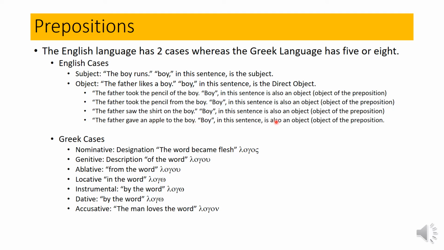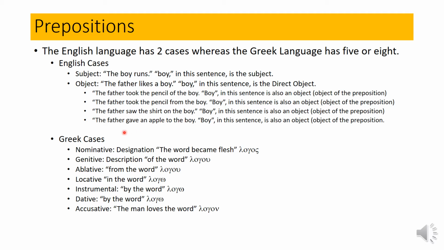Boy in this sense is also an object. It's the object of the preposition, boy. Again, English will recognize boy in each of these cases as an object case. They do not recognize it as a separate case as in Greek and other languages, and this will also be called the dative in Greek.